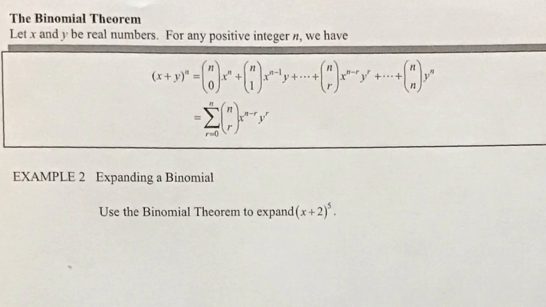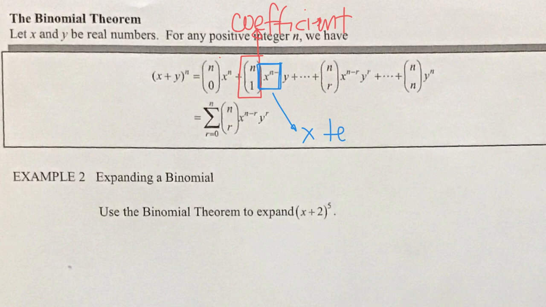Part number 1 is the coefficient. Okay, so we're always going to start with the coefficients. Part number 2 is your x term. Right? X is in parentheses here.